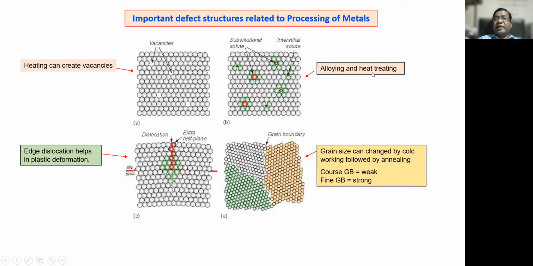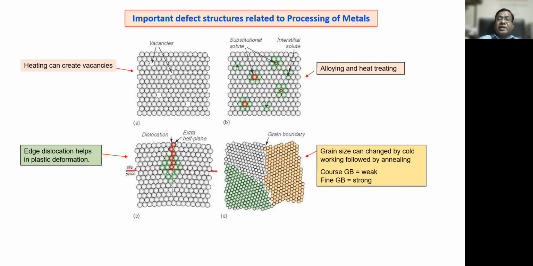Then alloying and heat treatment can generate a substitutional solute or an interstitial solute. Interstitial is not a regular site. It is the space in between two regular atoms. Regular means the corner atoms of the unit cells, which is called a regular site. So the interstitial solute needs to be smaller than the parent or solvent atoms. And a substitutional one can be small or bigger than the solvent atom.